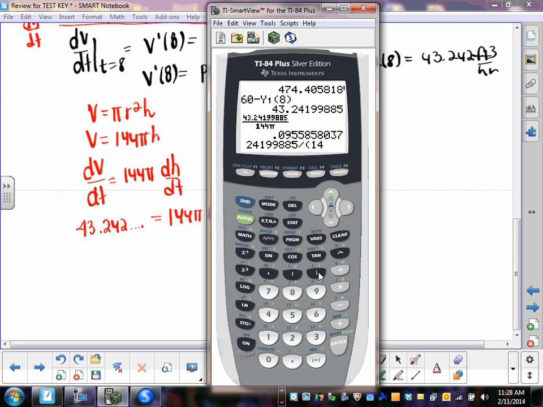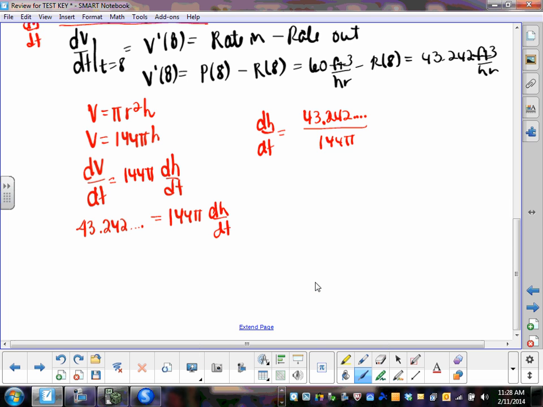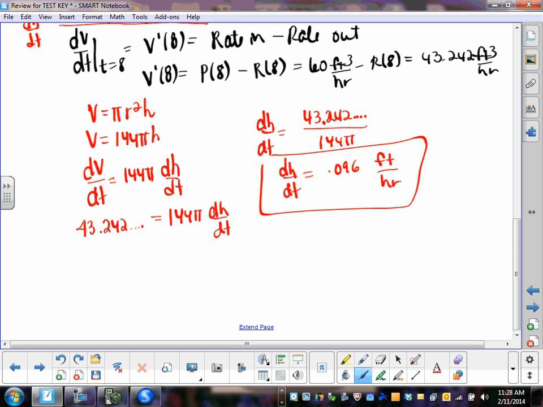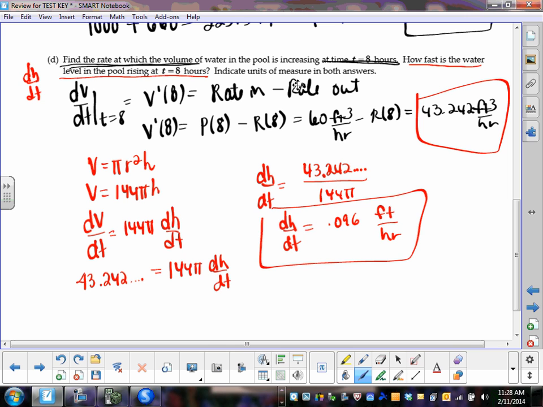Otherwise, you're only dividing by 144 and multiplying by pi, which would be wrong. Okay, so we should have gotten 0.0955. So 0.096. It is height over time, which means feet per hour. So there are two answers to that part, indicating units of measure, which we did.